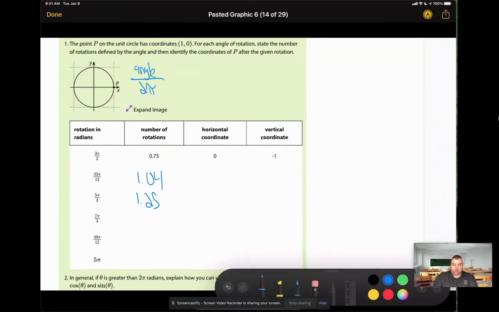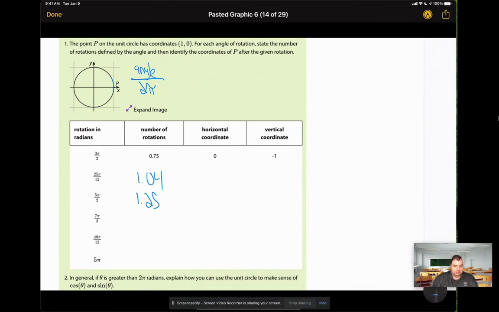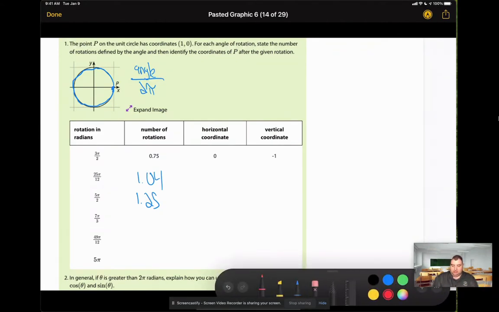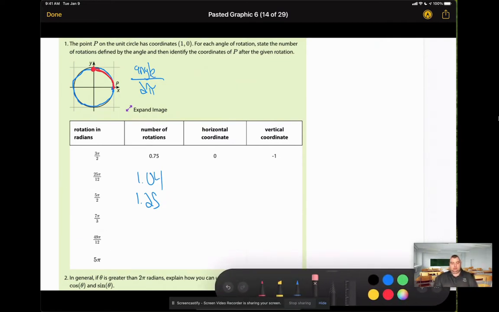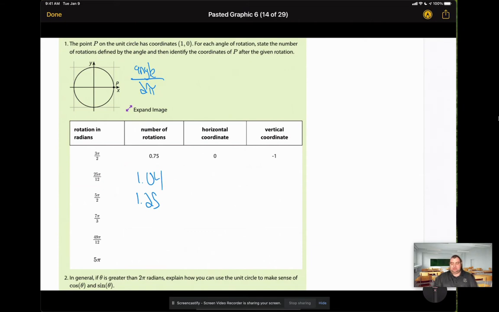So 1.25 rotations means you go around the circle one full time, and then I'll change the color and I'll go around 1/4 more and I end up here. So I go around the circle one full time plus an extra quarter. Okay, so that's what that means in terms of rotations.